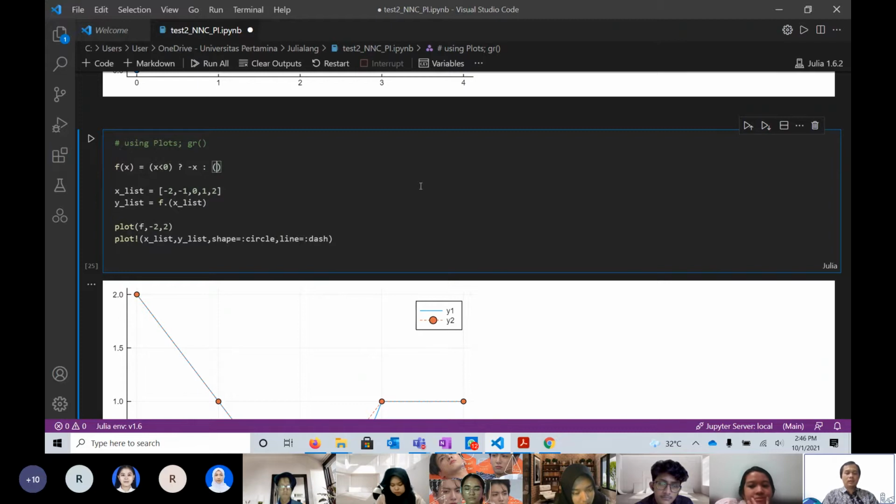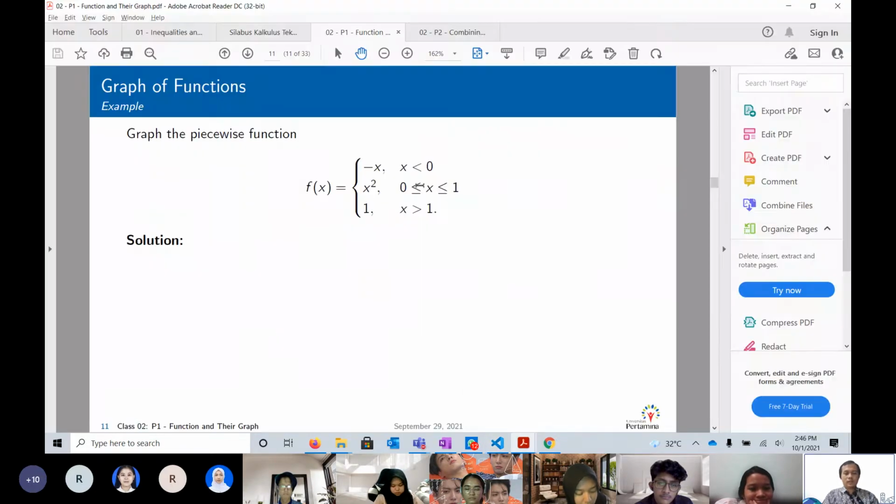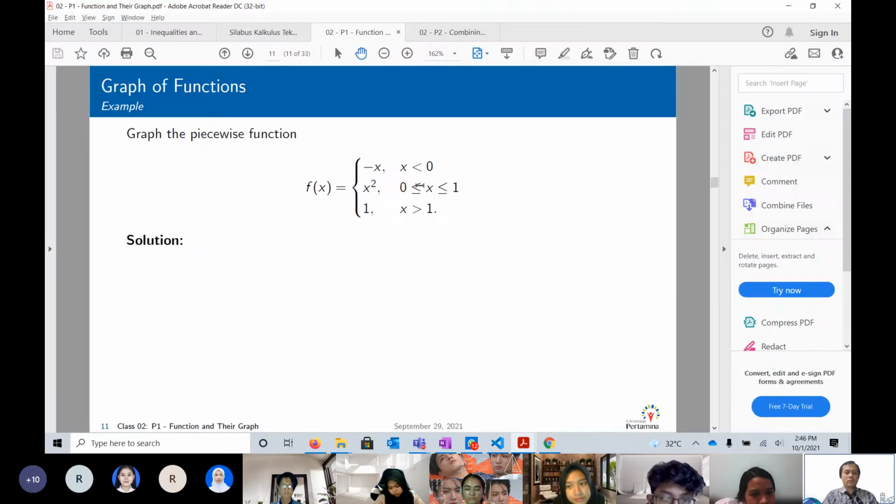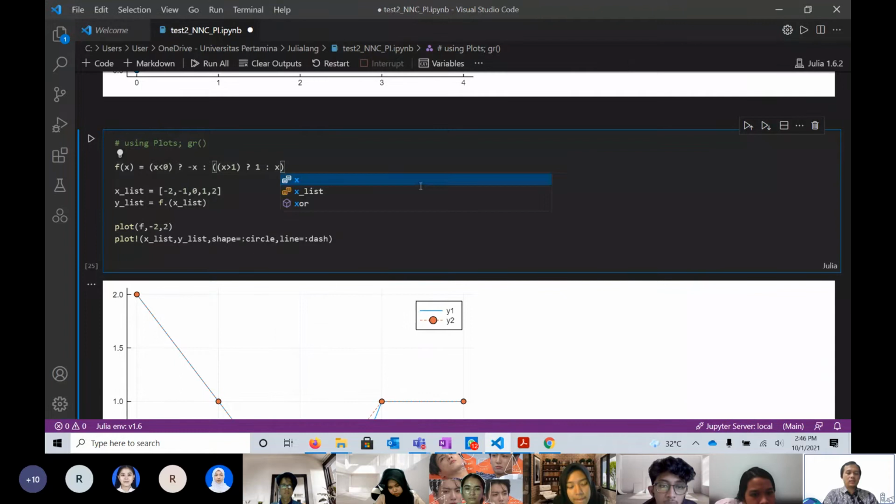If not, then we ask another question, whether x is greater than 1. If yes, then the value is 1. If not, meaning that x is between 0 and 1, then we have x squared.